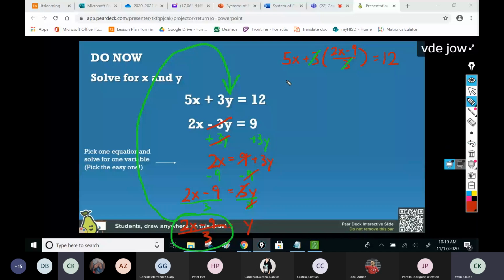So 5x plus 2x minus 9 equals 12, and then remove the parenthesis.